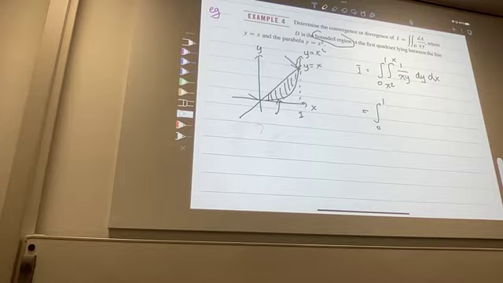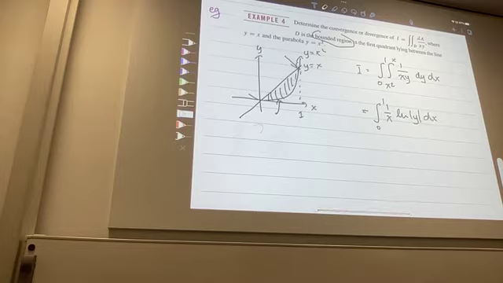Okay, so I'm integrating 1 over xy with respect to y. What do I get? 1 over x times ln of the absolute value of y. Our y doesn't care about the x, so we've really got a 1 over x, and then we're integrating 1 over y, which is the natural log of the absolute value of y.